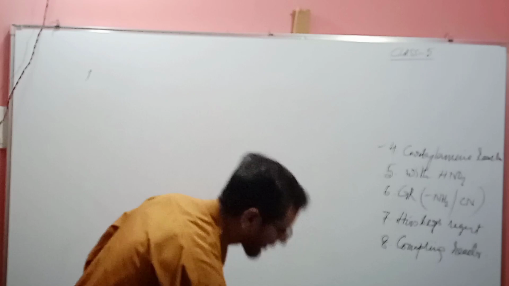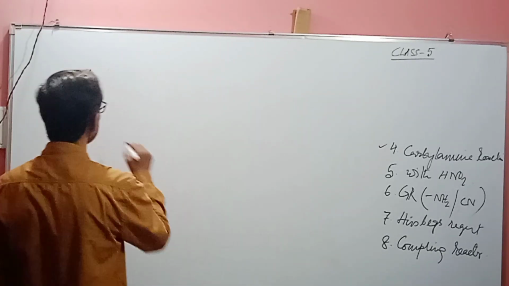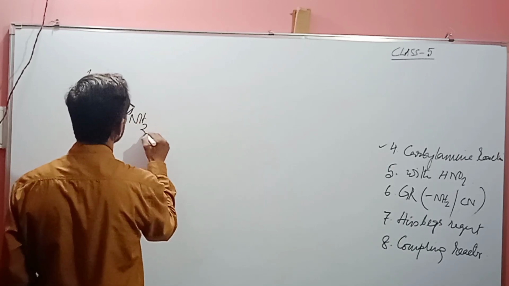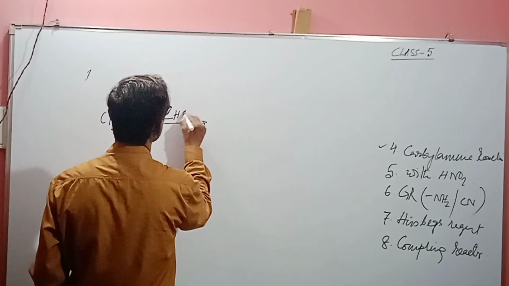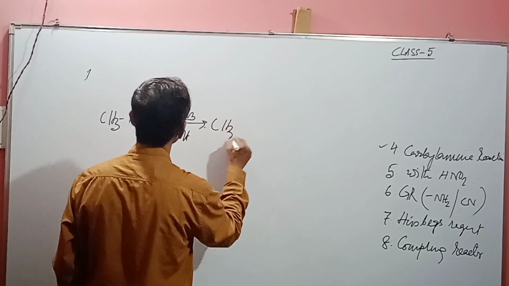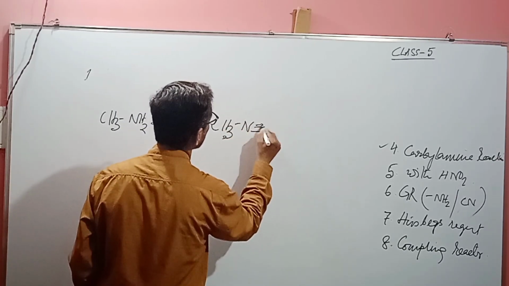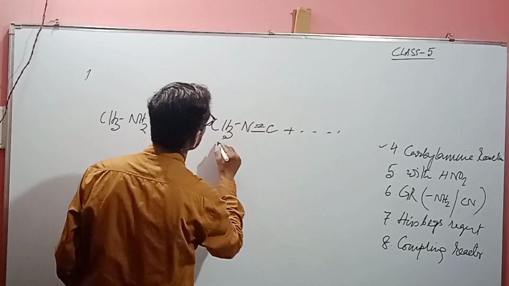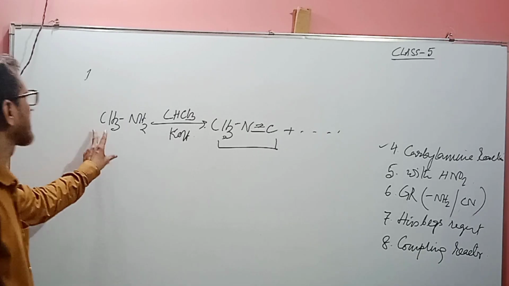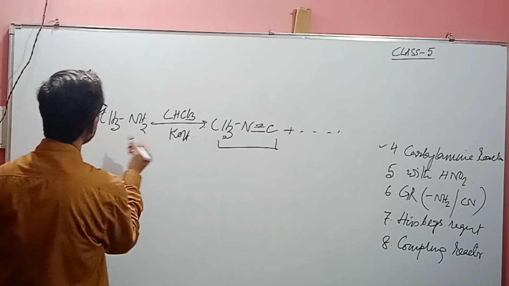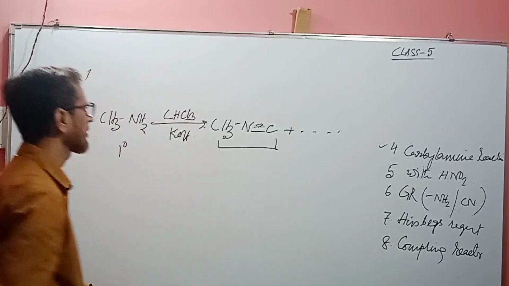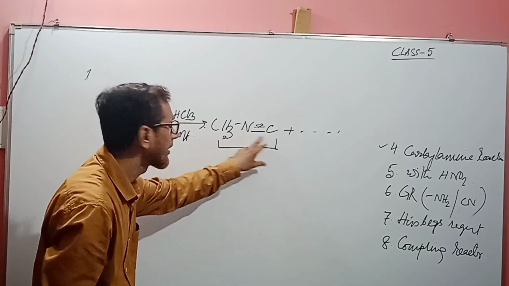Next one is very important for exam, carbylamine reaction, CH3NH2. We have seen methylamine or ethylamine, any 1 degree amine, reacts in presence of chloroform and potassium hydroxide to give isocyanide.